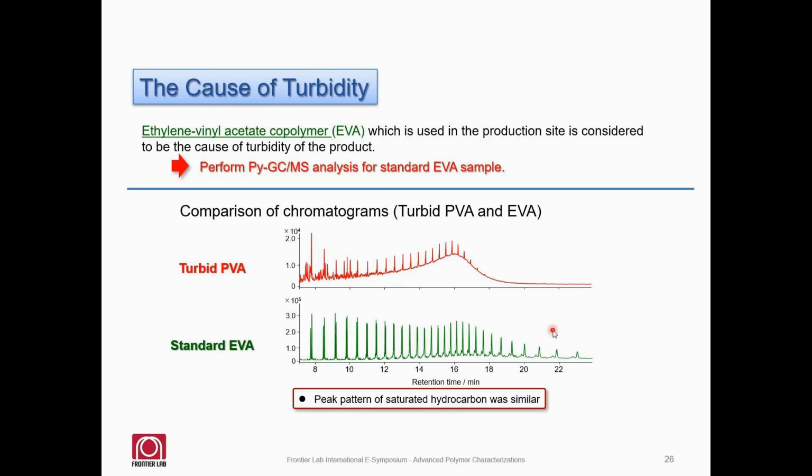The peak pattern of these saturated hydrocarbons is pretty similar to what we have seen in the turbid PVA. So by this we concluded that the EVA, that means the ethylene vinyl acetate copolymer, which is used at the production site, is considered to be the cause of turbidity of the product.